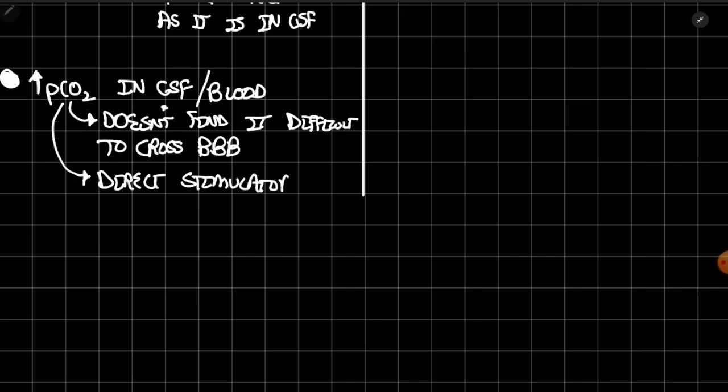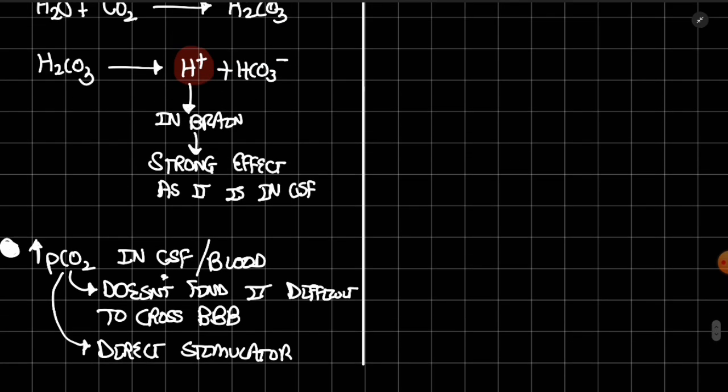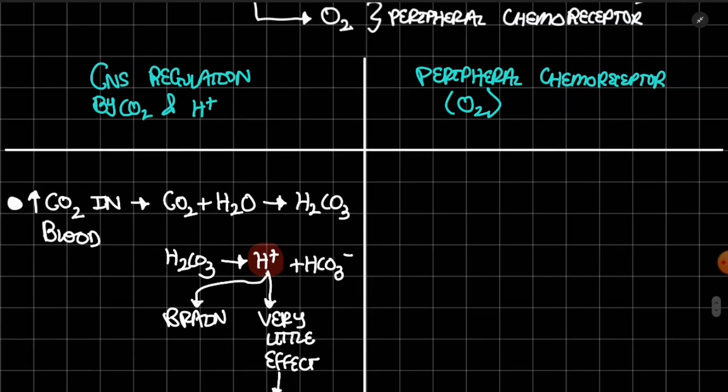If there is an increased partial pressure of CO2, it will directly go to the brain and stimulate the respiratory centers, and we see an increase in inspiration or expiration depending upon the condition. Now this was all about the chemical regulation of CNS by CO2 and H plus.